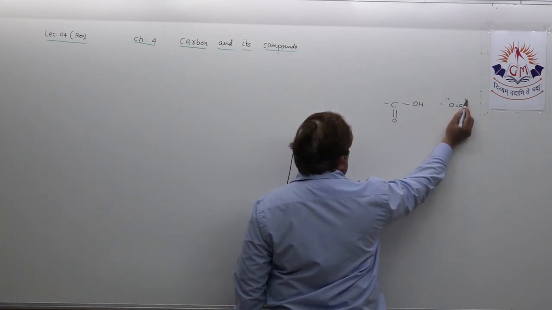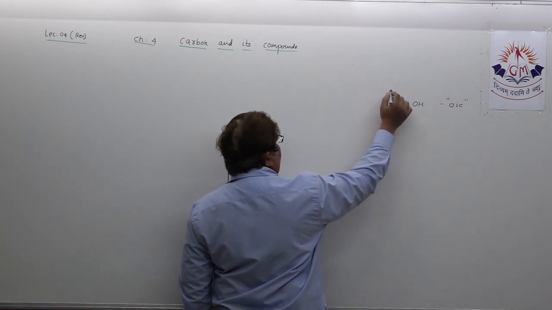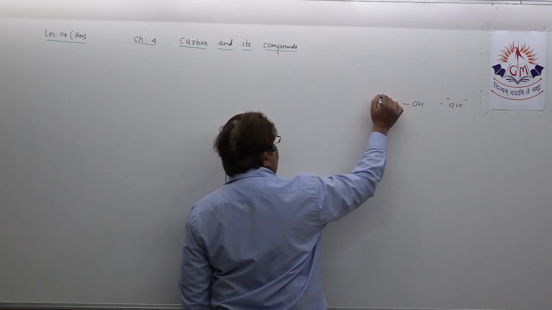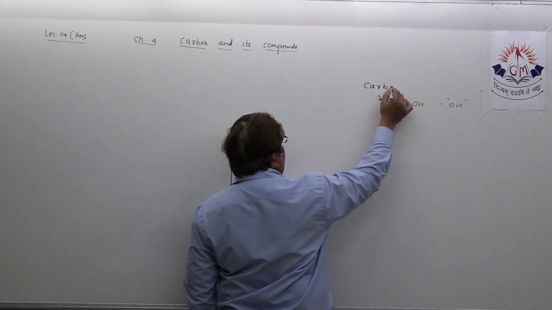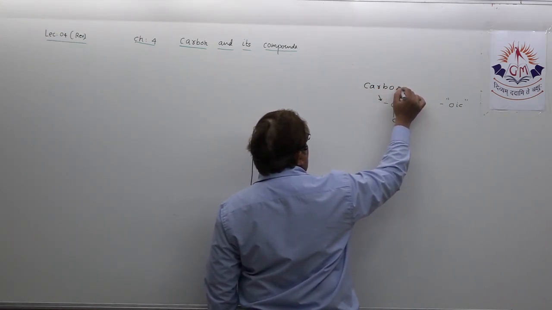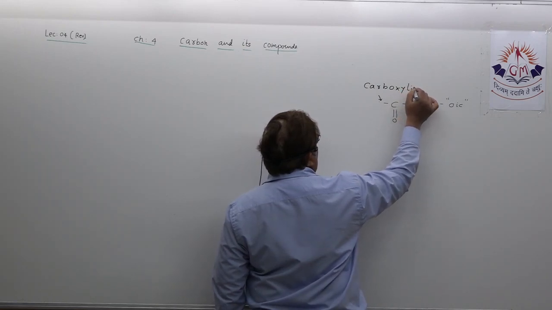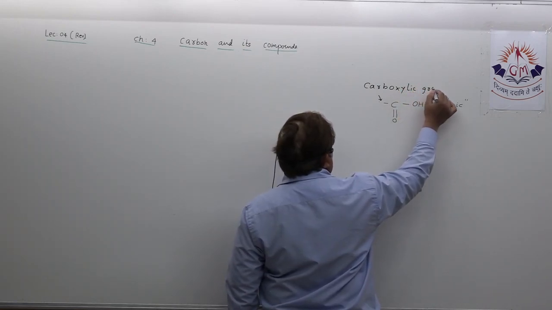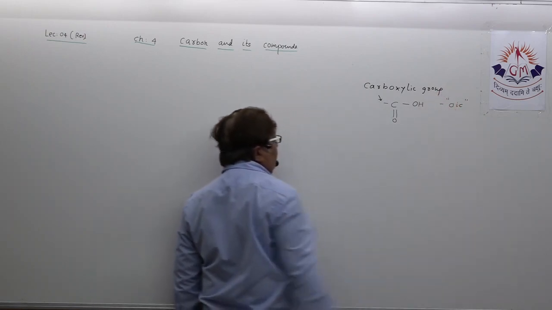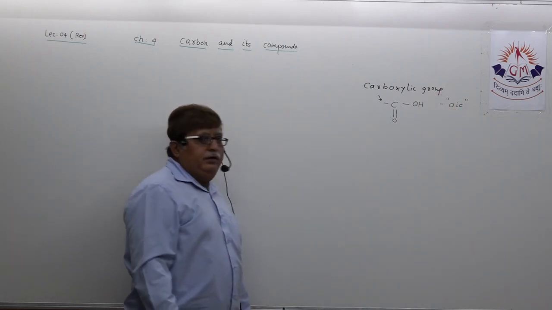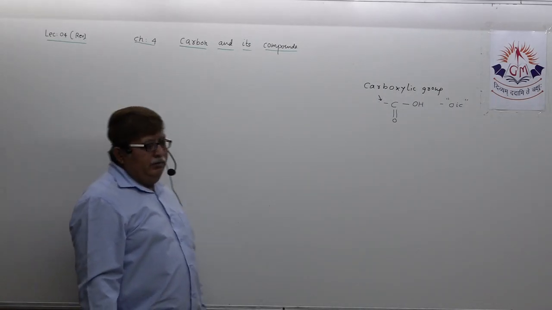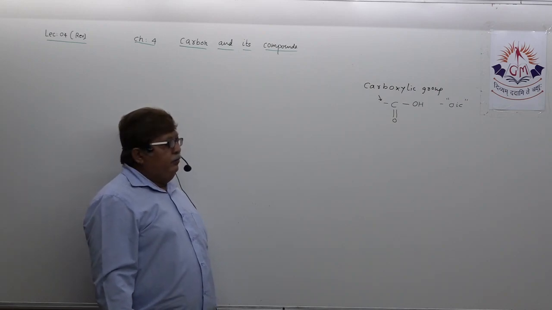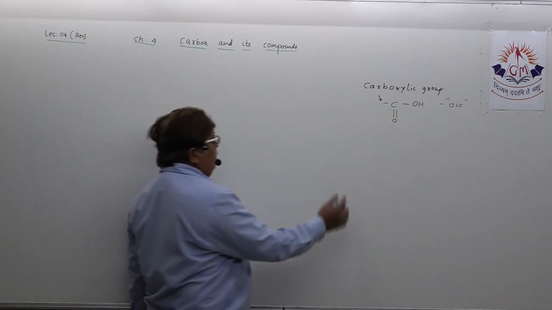Dear student, you should also remember one very important thing for the exam. They may ask you sometimes, please draw the structure of the carboxyl group. So you just concentrate here. The carboxylic group can be shown this way. Actually, we are writing COOH, you know.